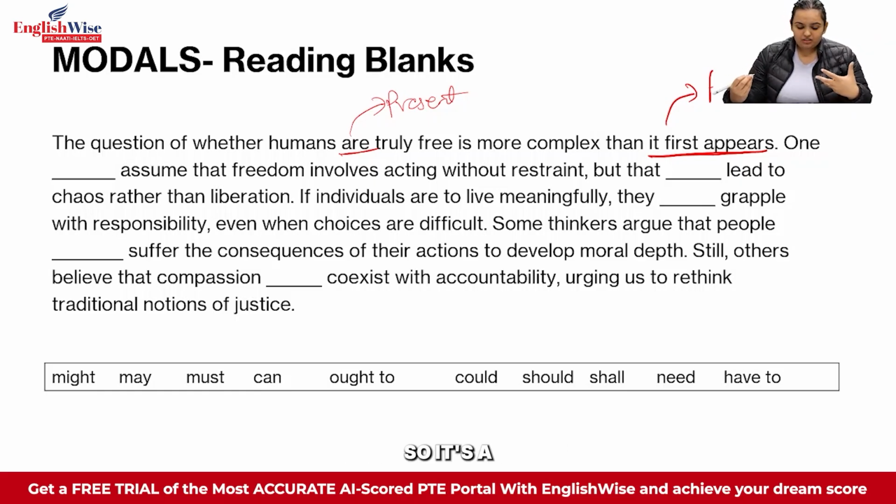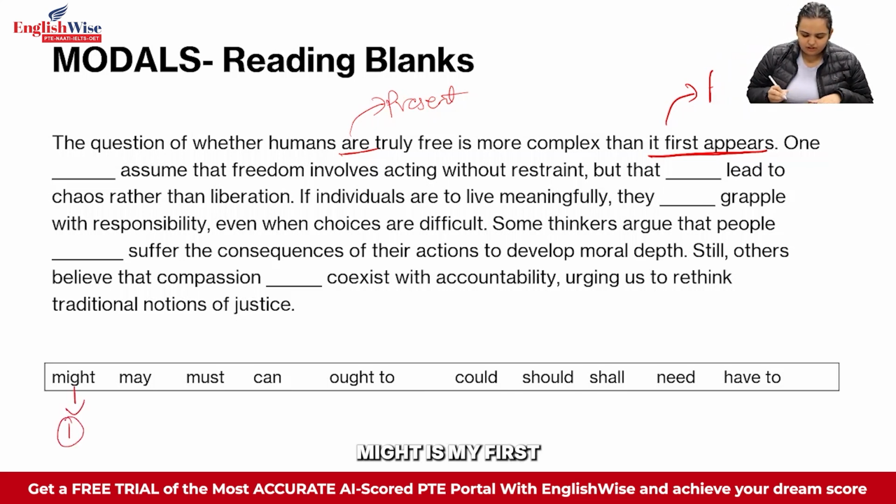So it's a possibility, but again there is no favor taken over here. It is a simple plain possibility. We are not really giving more importance to one side. So that is why I will say that might is my first answer over here, because this is a possibility which is a 50-50 possibility answer.